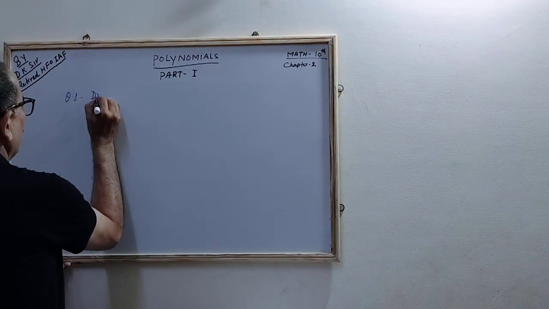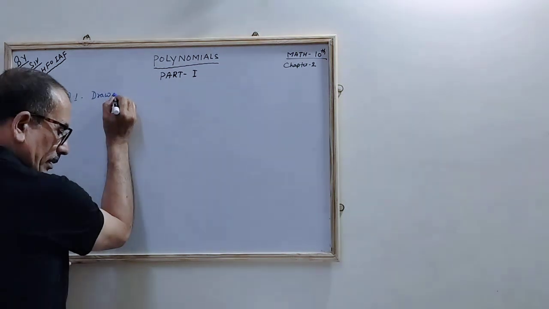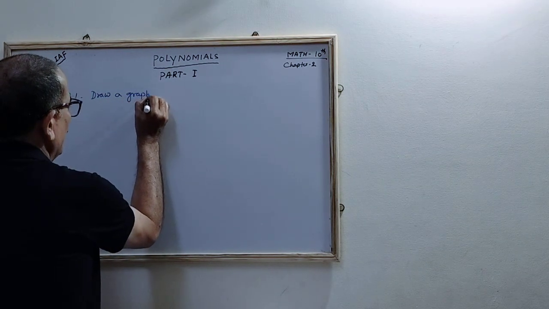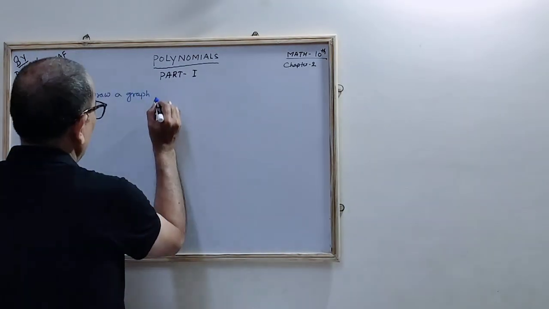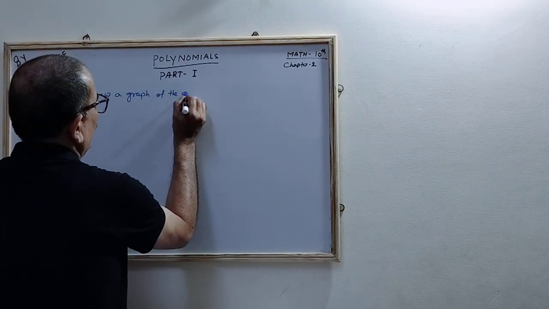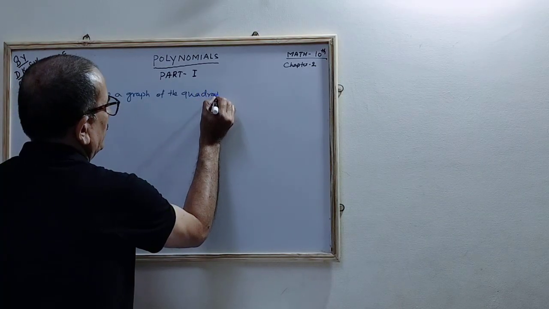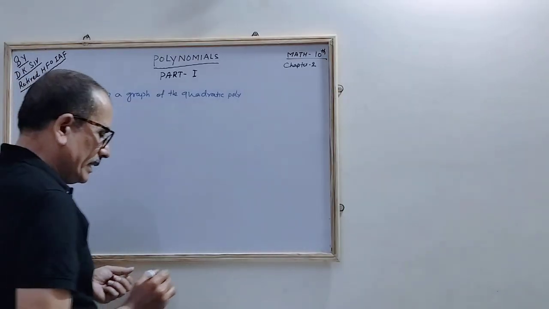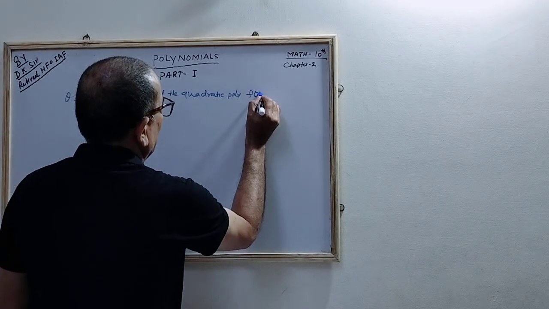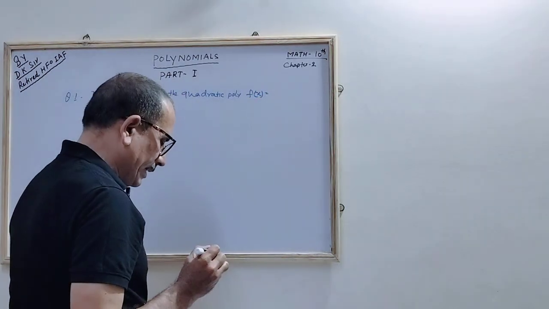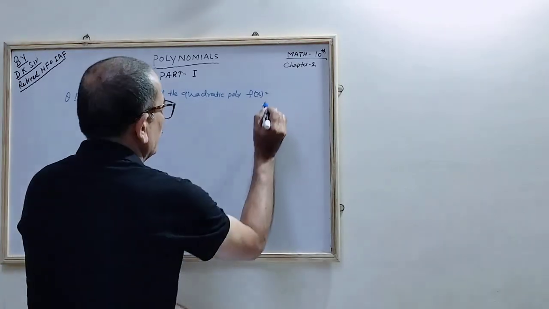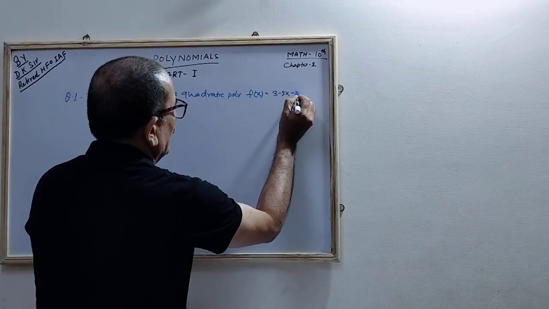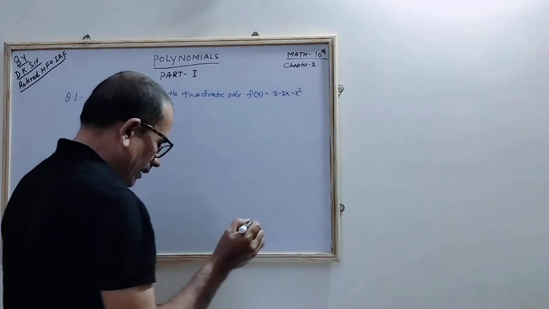It said: draw a graph of a quadratic polynomial. They have given the polynomial f(x) is equal to 3 minus 2x minus x square. Correct? They have given it like this.